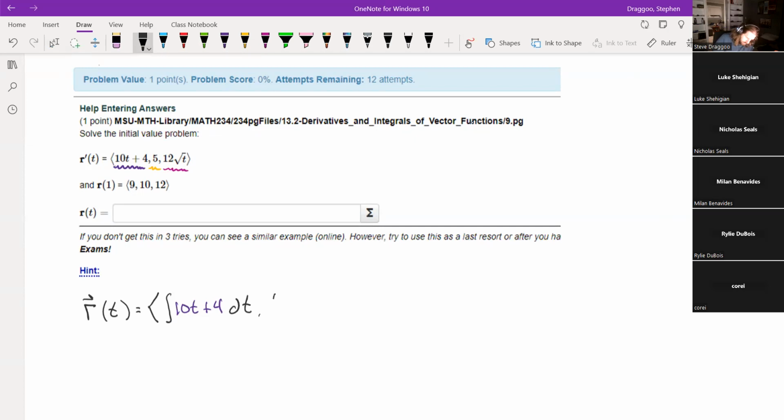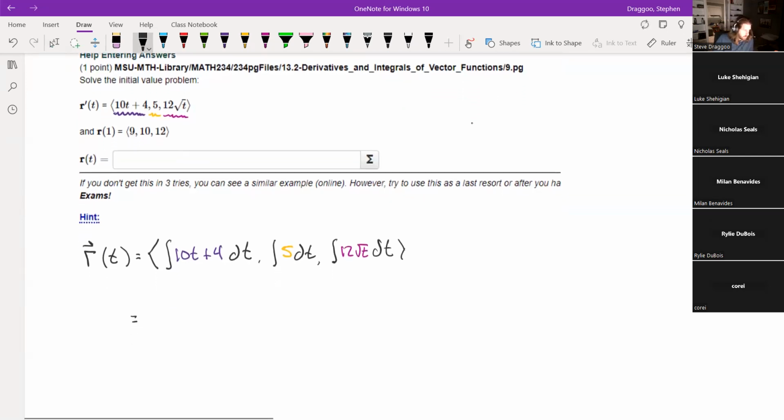So the next part should be the integral of 5 dt. And the next part over should be the integral of 12 square root t dt.